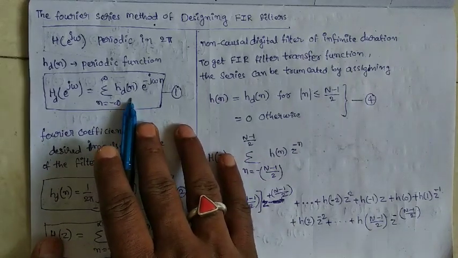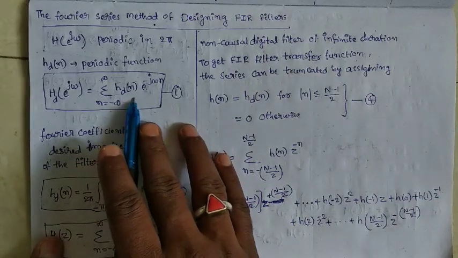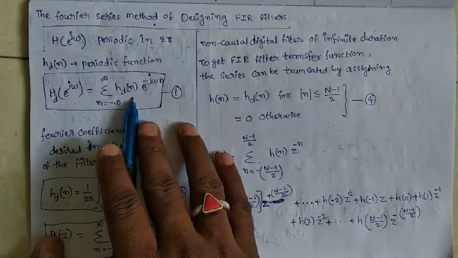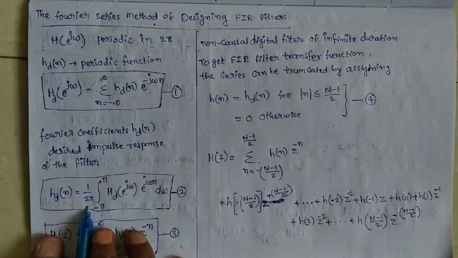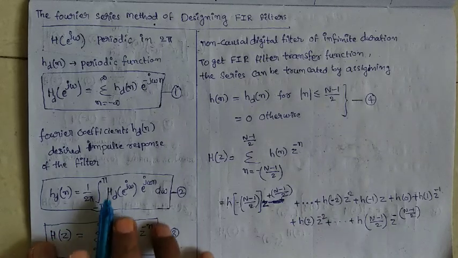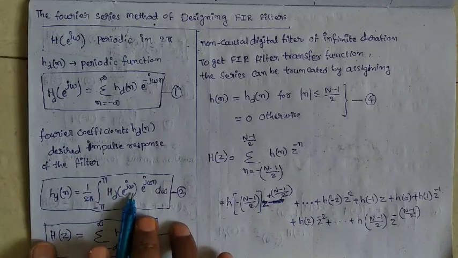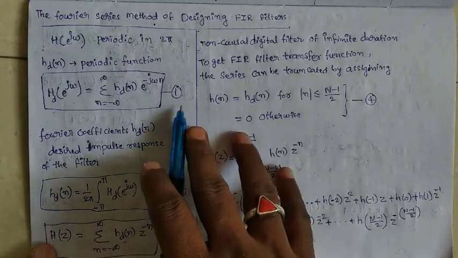How can we calculate the Fourier series coefficient hd of n? It is calculated by this formula: hd of n is equal to 1 by 2 pi, integral from minus pi to pi of hd of e power j omega into e power j omega n d omega. This is equation 2, and the previous one is equation 1.